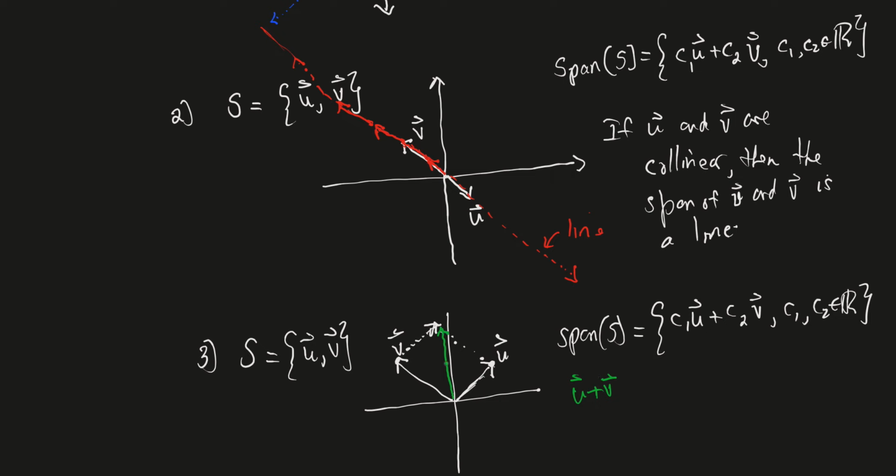So I get a vector now that's not pointing in the same direction as u and v, so it's pointing somewhere else, right? And then think about it. If I were to then maybe take a half of u and then add v, what would happen is if I take the half of u, then I would go here, and then when I add v, I would end up here, right?